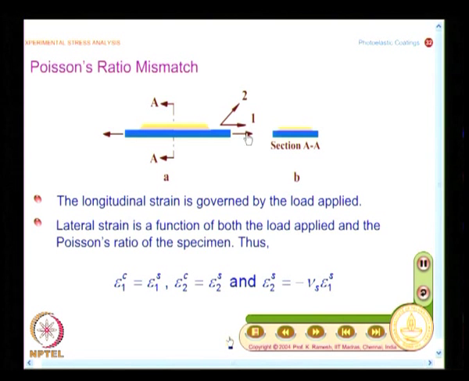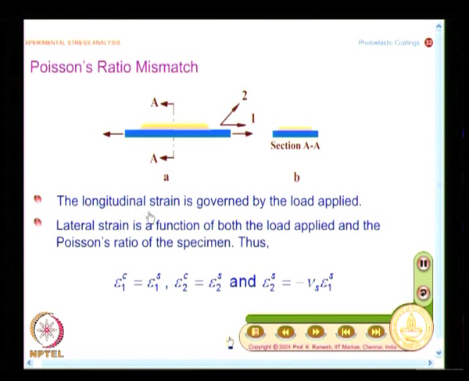If you want to have uniaxial strain, then you have to make special efforts to constrain the edges appropriately. Uniaxial stress is simple, uniaxial strain is not simple. And what you should look at here is, I have applied a uniaxial loading, stress is uniaxial, but strain is biaxial.